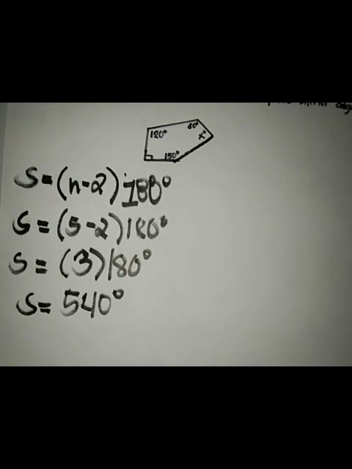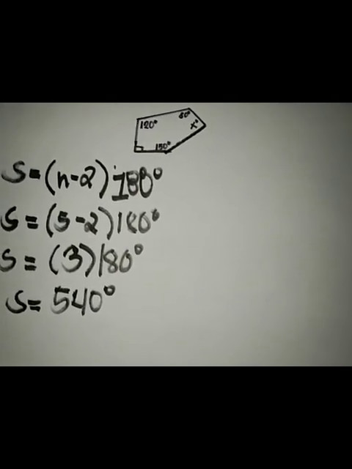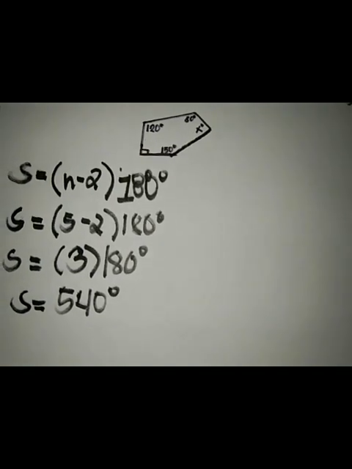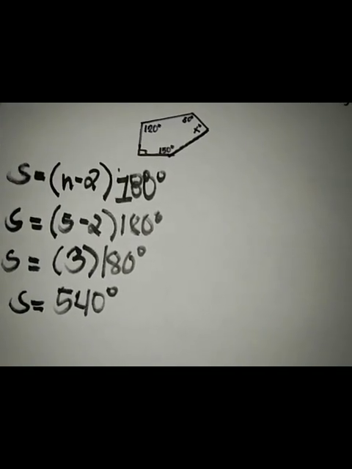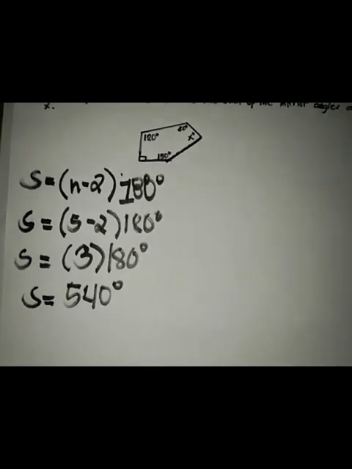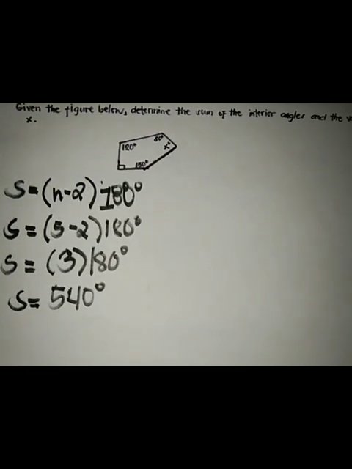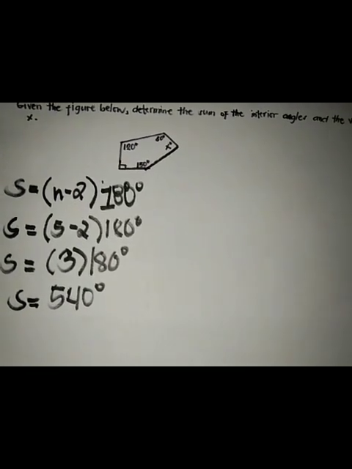Since we already know that the sum of the measure of all the interior angles of the pentagon is 540 degrees, we can now solve for the m angle x.